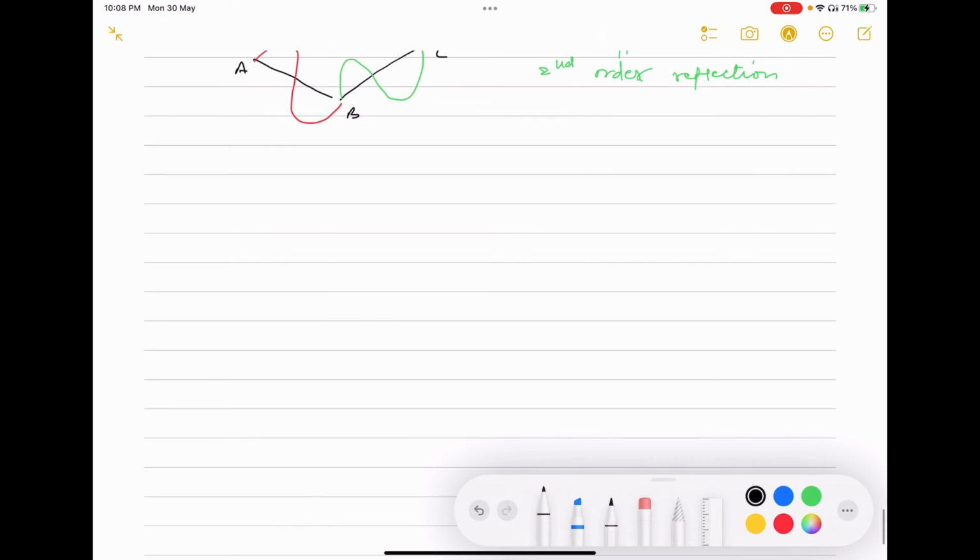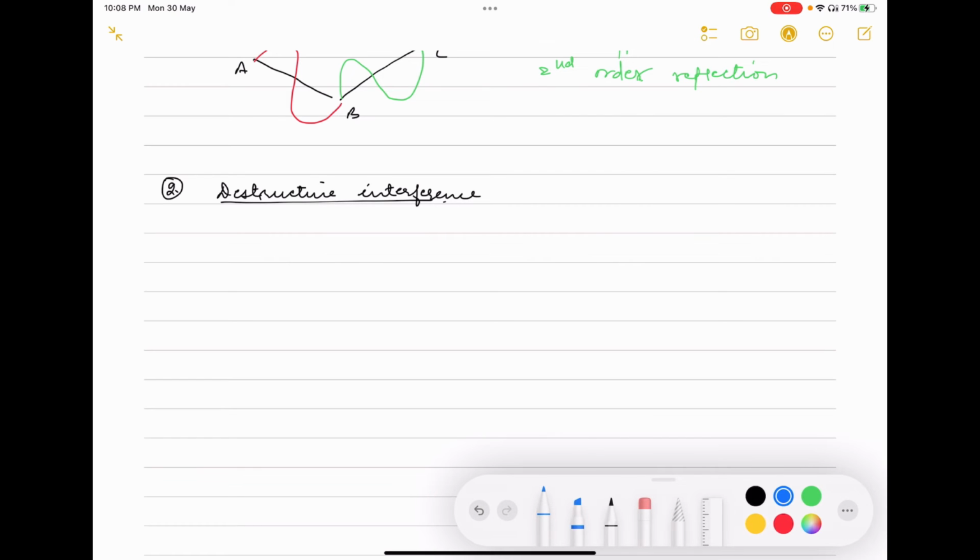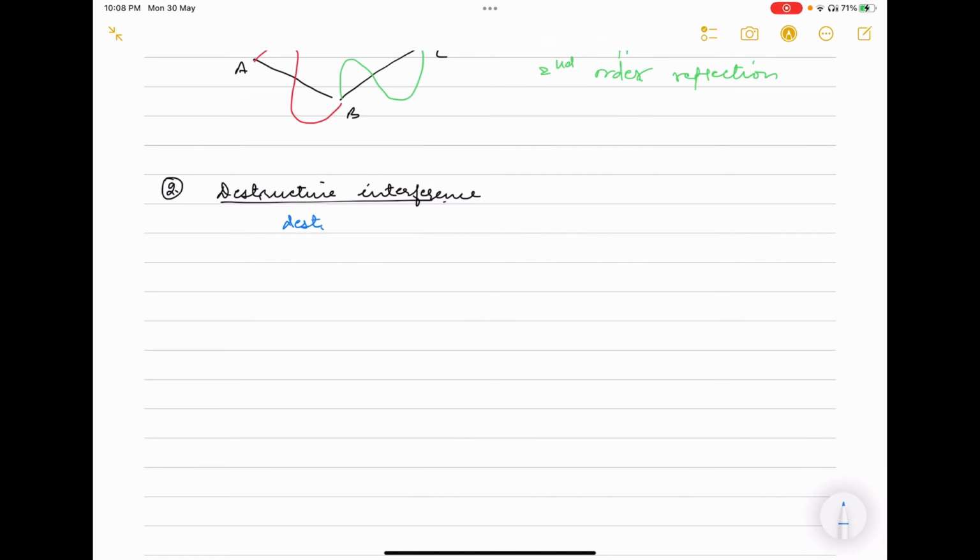Now moving on to the next one, that is destructive interference. As the name suggests, destructive interference refers to the destruction of the intensities.